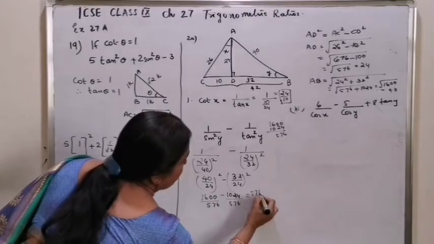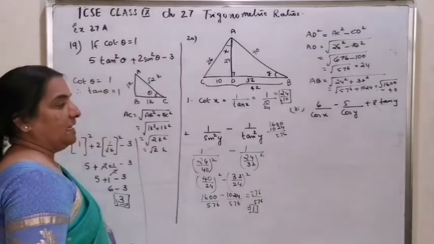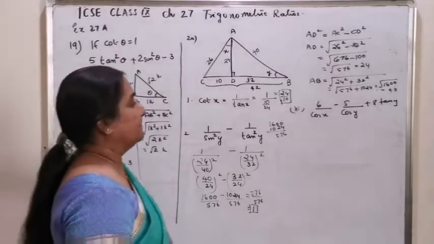It is 576 by 576, or the answer is 1. So the final answer is 1.